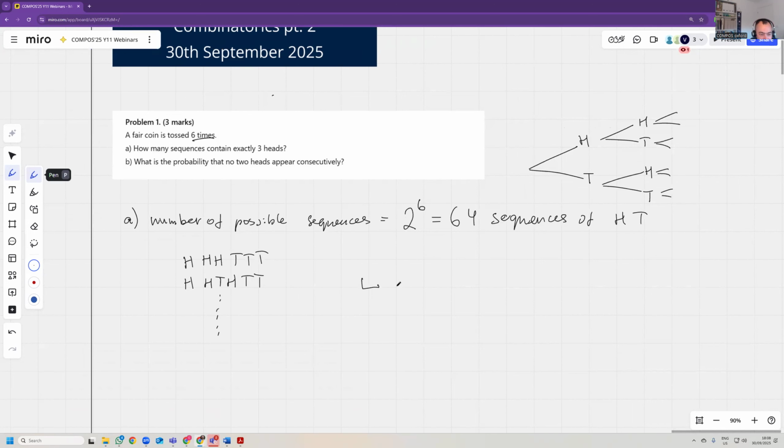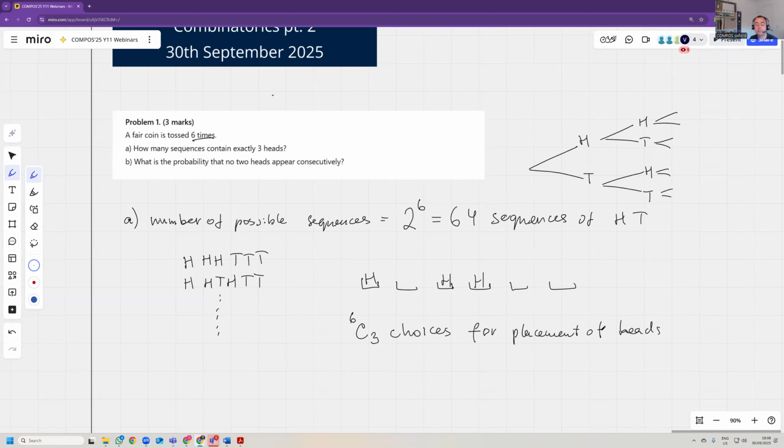You have 6 slots to choose from, and the heads go into 3 out of the 6. Therefore, there are 6 choose 3 choices for the placement of heads.